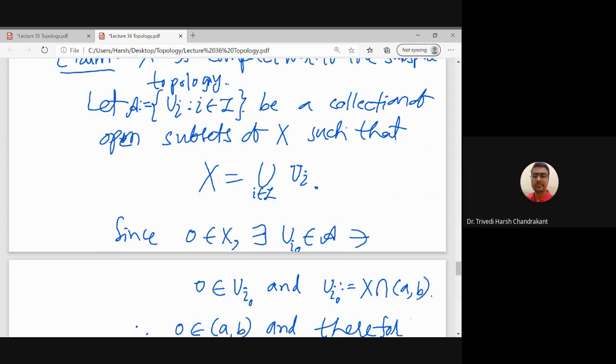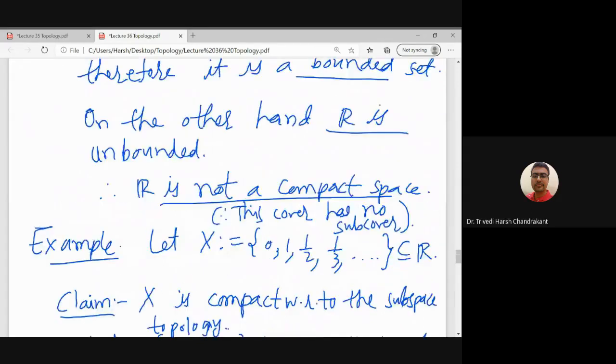So from this collection U_i, how will we find finitely many U_i's so that they will cover the entire space X? The idea here is that 0 is the limit point of this set, right?